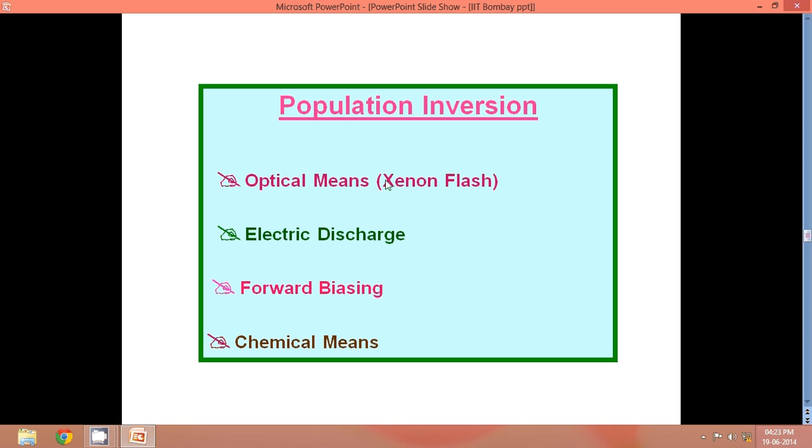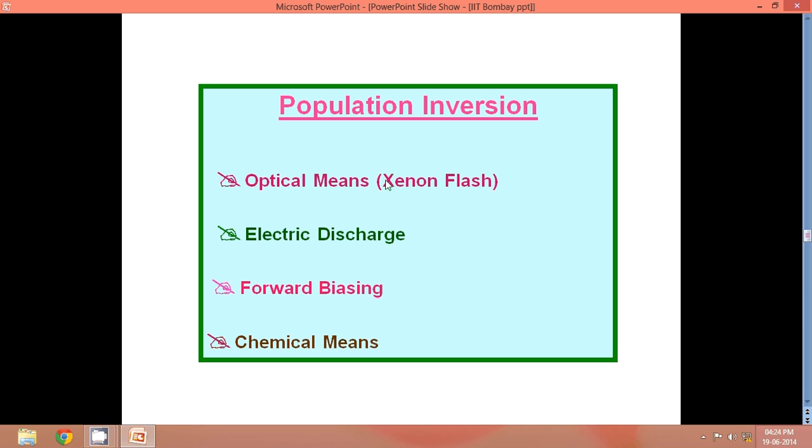To get stimulated emission, we should have more atoms in the excited state than in the lower energy level. The mechanism which we use to lift the atoms from the ground state to the excited state is called pumping.